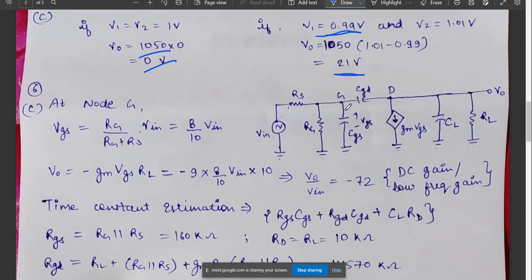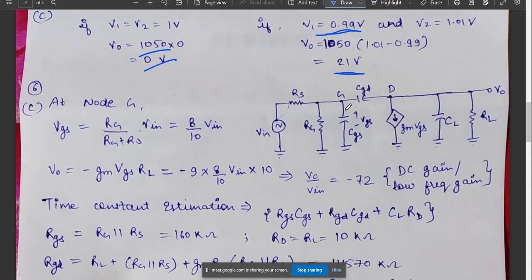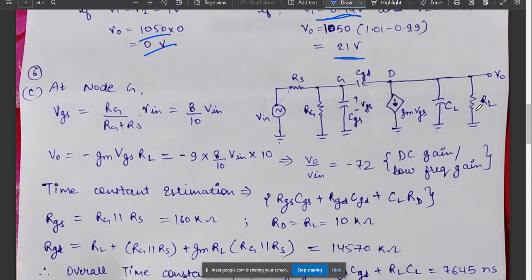Here we have to find out VO. What will be VO? Tell me, how to solve VO?